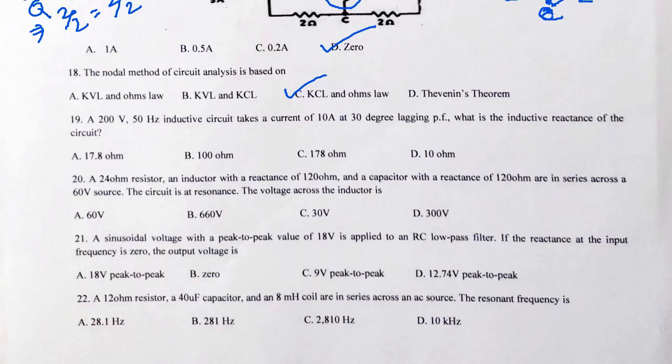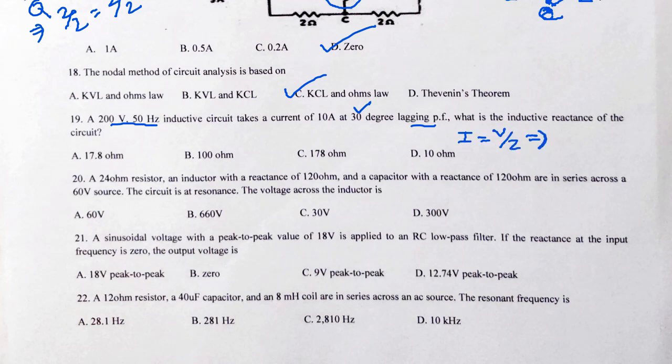Now in question number 19, it has been asked: a 200 volt 50 Hz inductive circuit takes a current of 10 ampere at 30 degree lagging power factor. What is the inductive reactance of the circuit? So we know that I is equal to V by Z. Here Z is equal to V, which is 200, by 10, which is equal to 20 ohm.